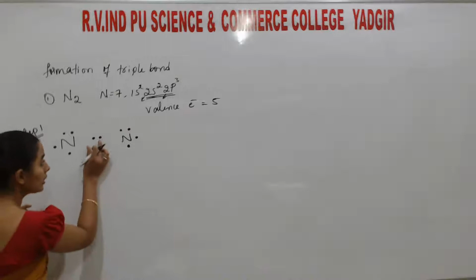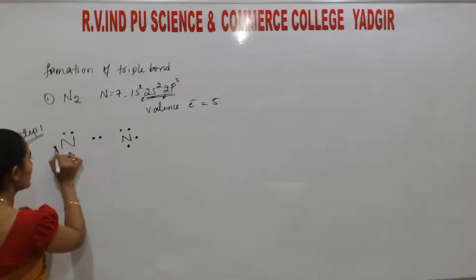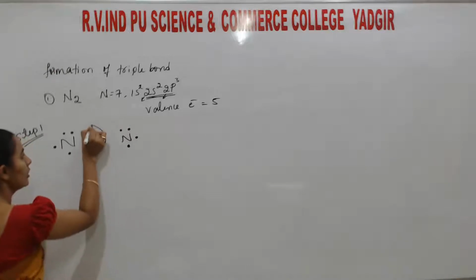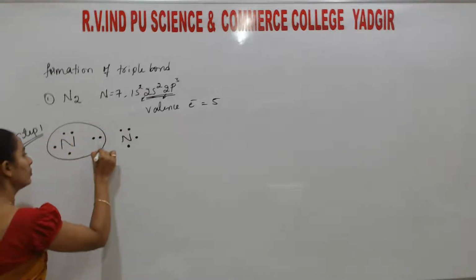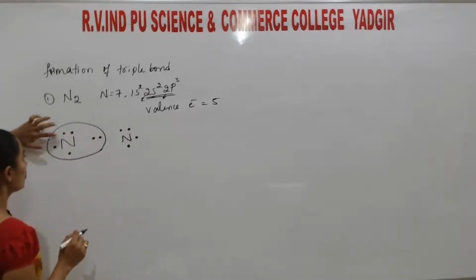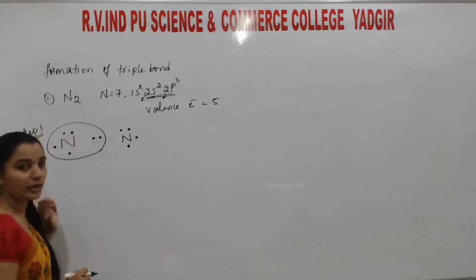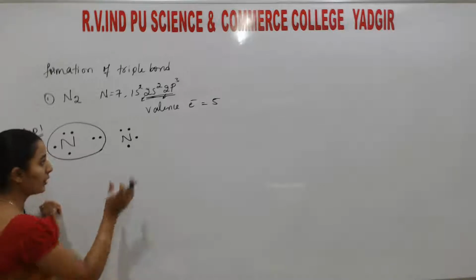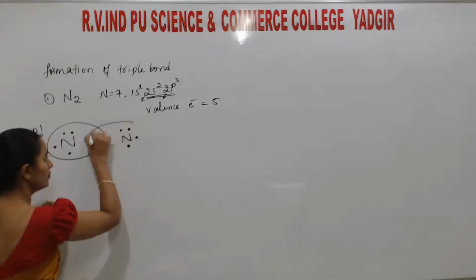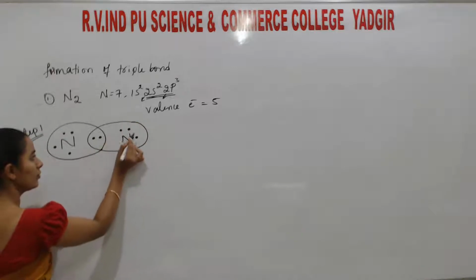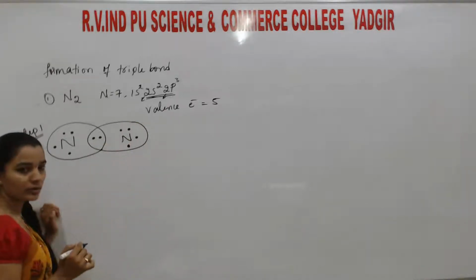Including bonded electrons, these 5 are the electrons of this nitrogen and this is the bonded electron. Now count: 1, 2, 3, 4, 5, 6 electrons are in the outermost shell after bonding. For this nitrogen also, 1, 2, 3, 4, 5, 6 electrons.